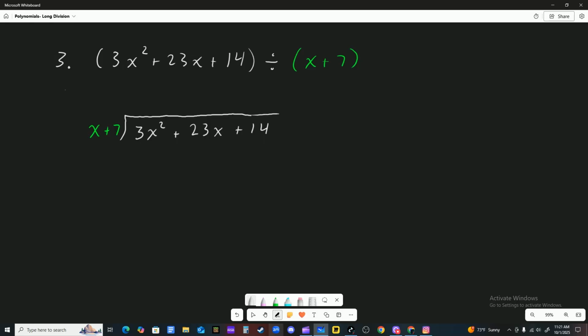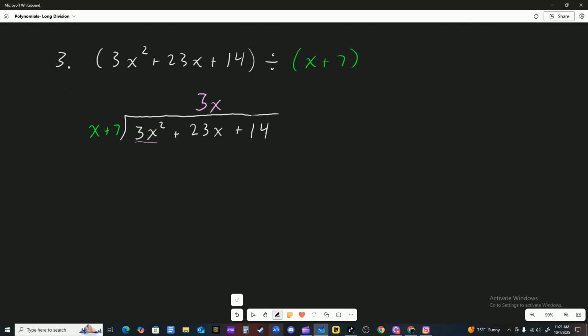Just like that. Cool? So now I have to multiply x plus 7 times something to get rid of 3x squared. And that something is 3x.